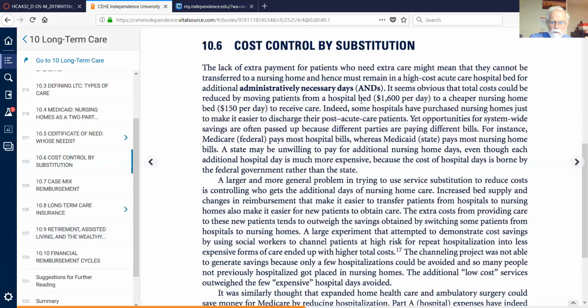While it should be clear that we move from a hospital bed to a cheaper nursing home and cut 90% out of the daily cost.